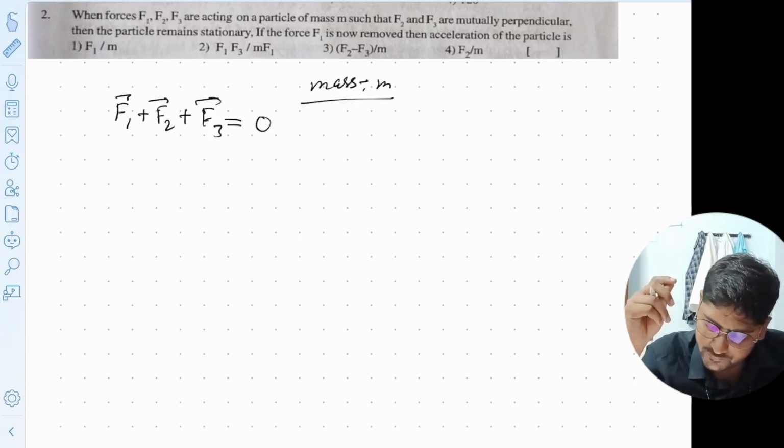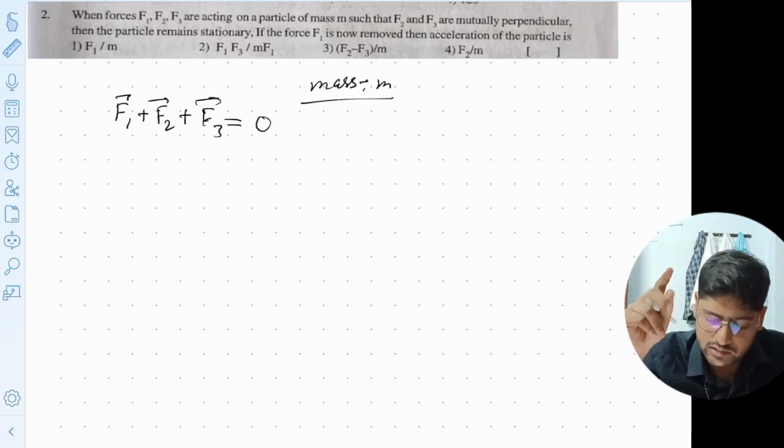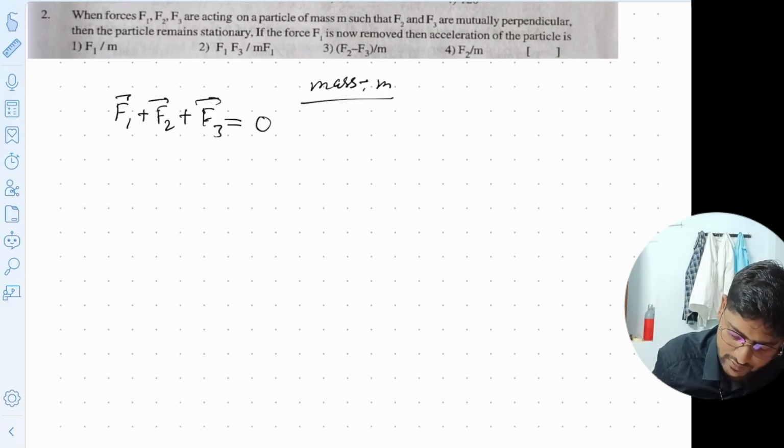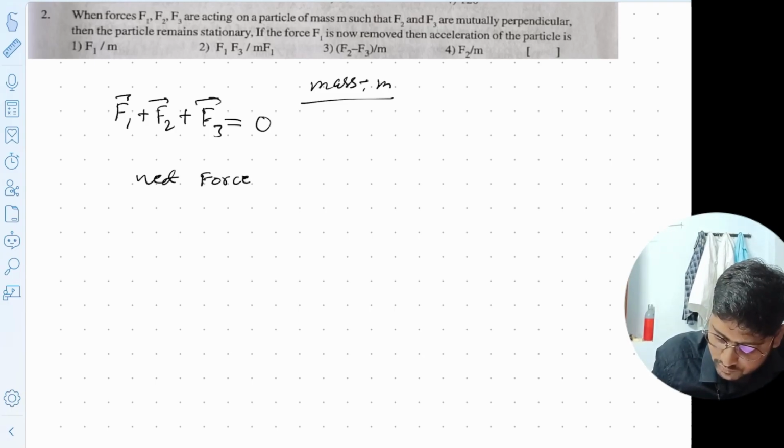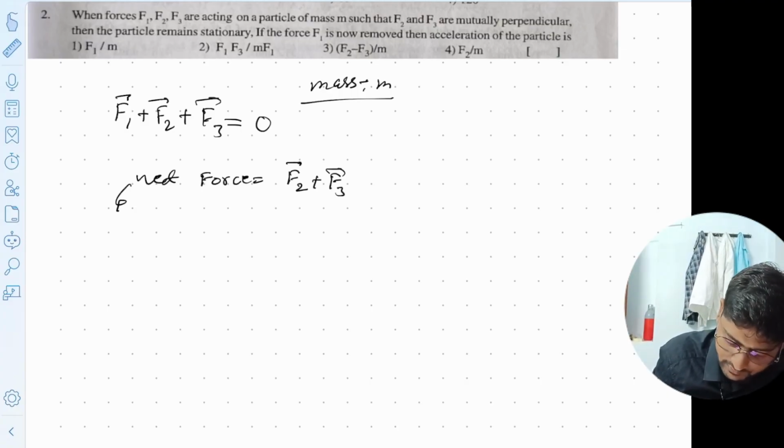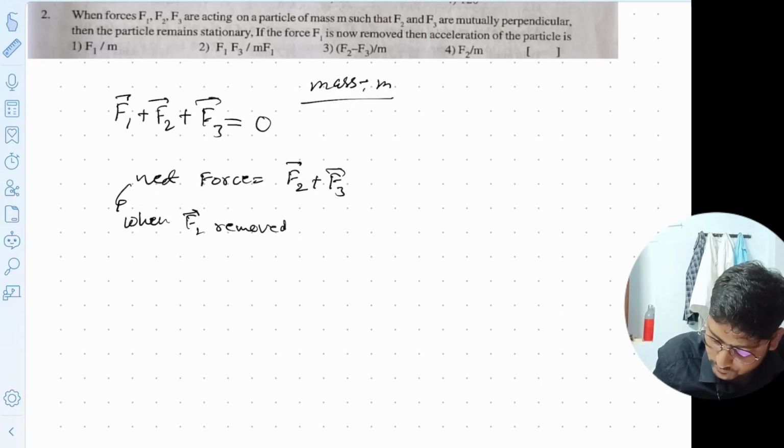So we can write: if F1 is now removed, then the net force will be F2 plus F3. When F1 is removed, the net force equals F2 plus F3.